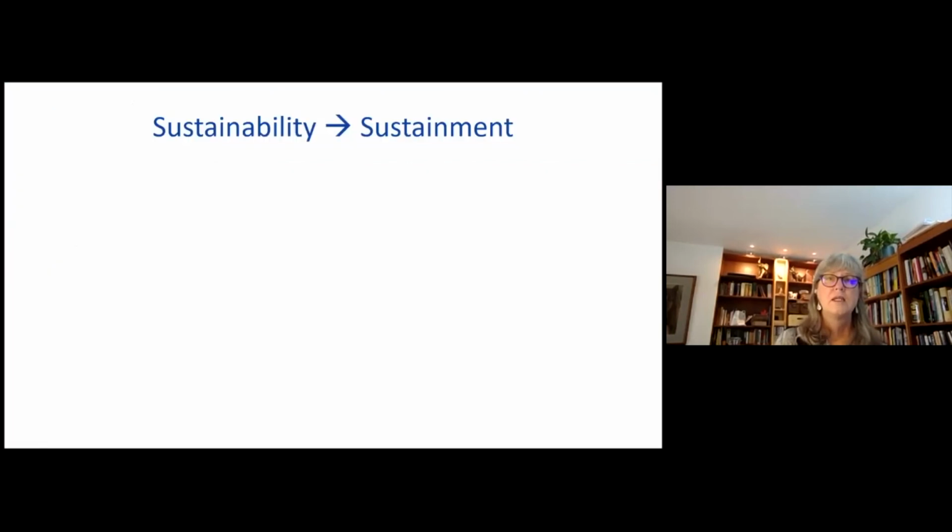And that's really more of a long haul. So how do we address perceptions of sustainability and then ultimately future sustainment, or true embedded institutionalization?